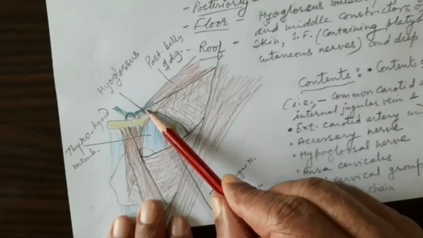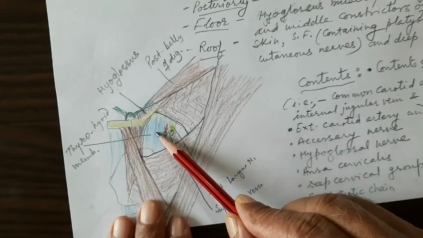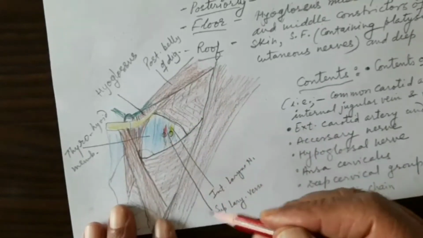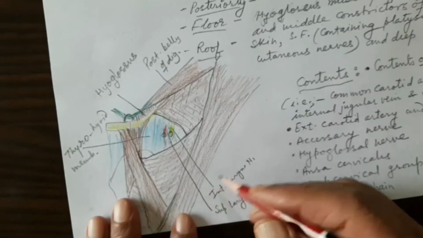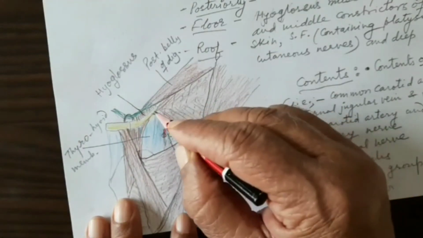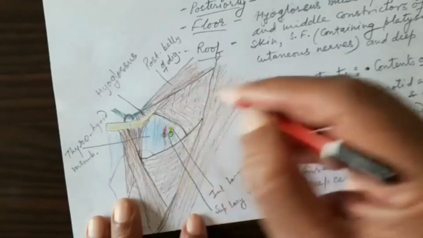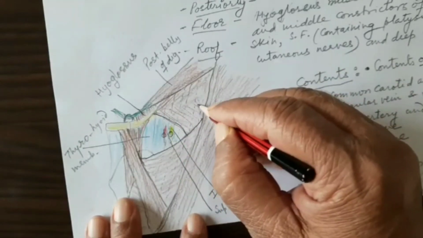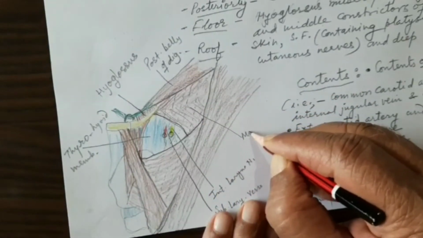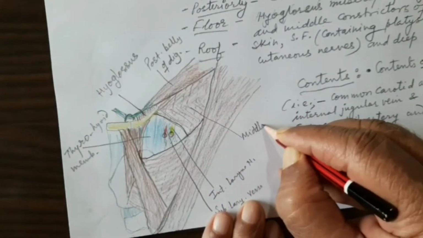Hyoglossus muscle, thyroid membrane, and then come the inferior and the middle constrictor of the pharynx. This one here, which is attached to the tip of the greater cornu, I will name here as the middle constrictor of the pharynx.